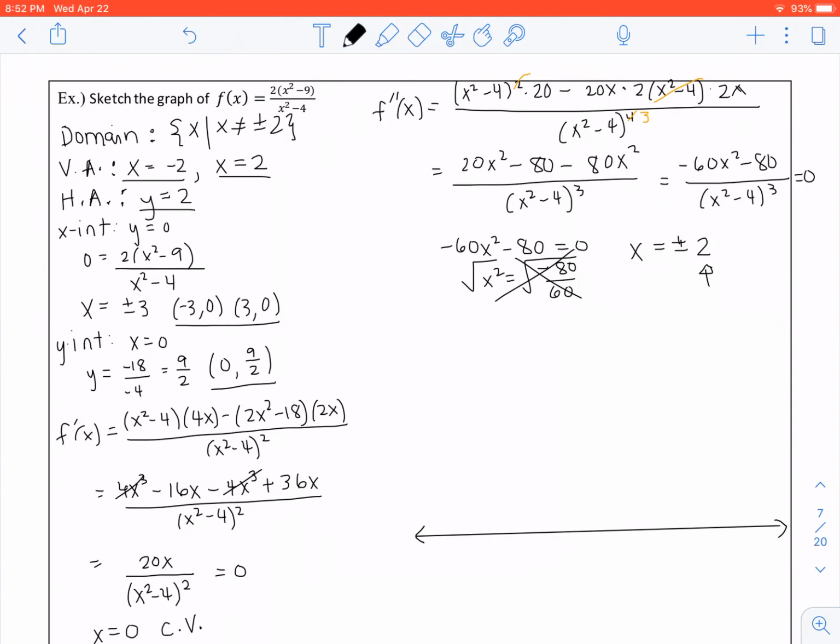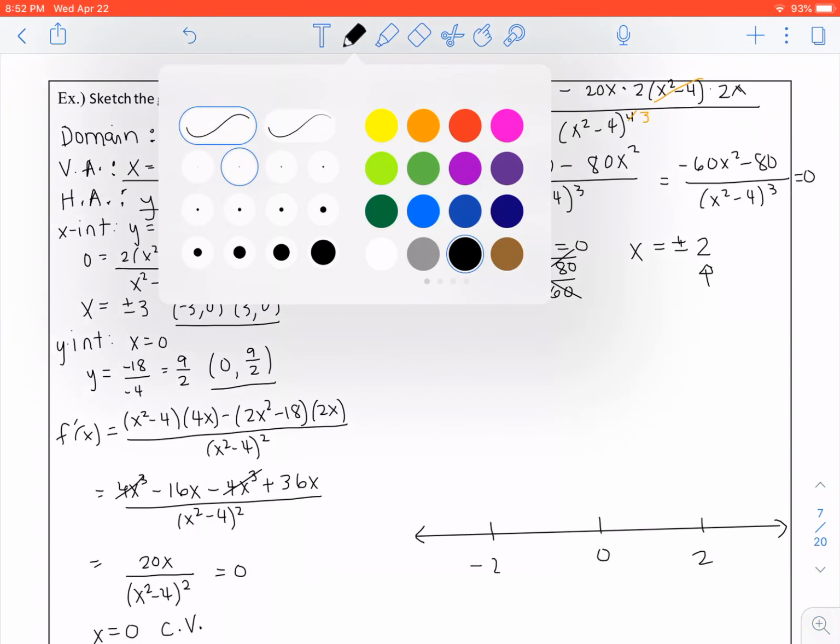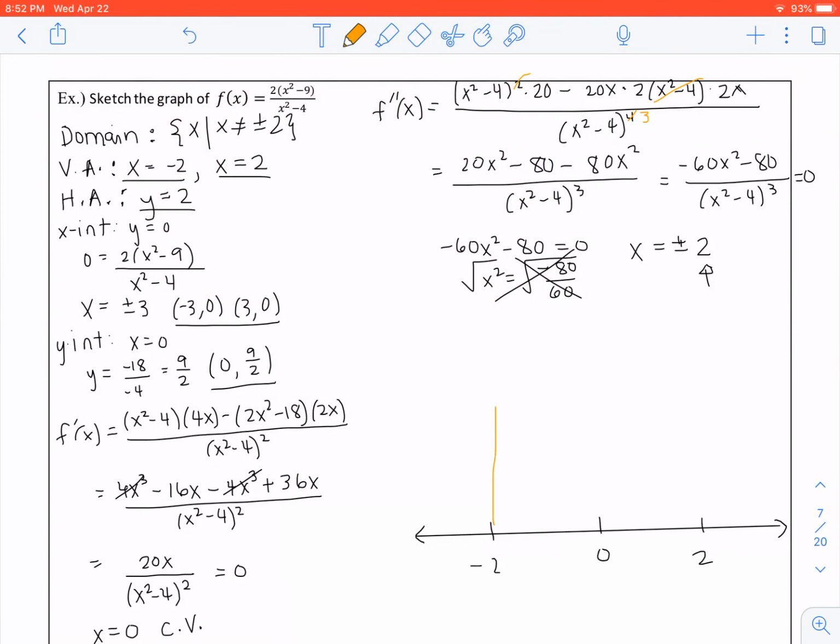The critical values that we have are at 0. And then we also have possible changes in concavity at plus or minus 2. So I'll put in negative 2, 0, and positive 2. And then I'm going to put some lines in here to break up the intervals to keep track of everything. And then we'll put in the first and the second derivative.